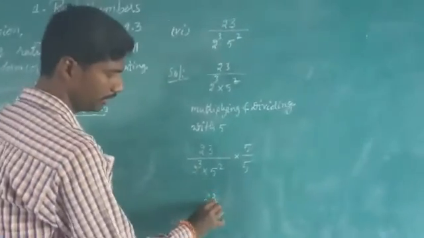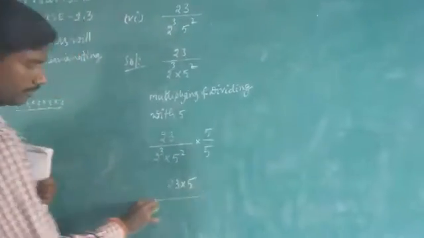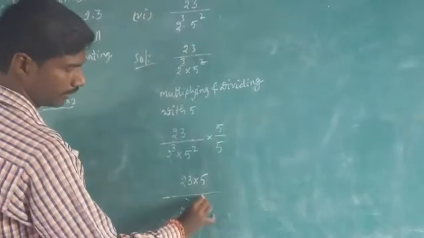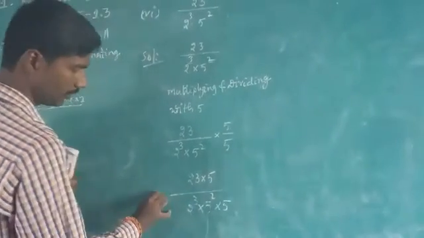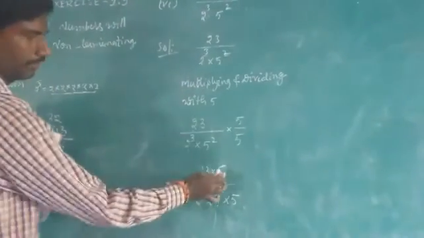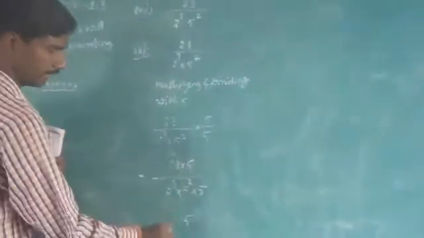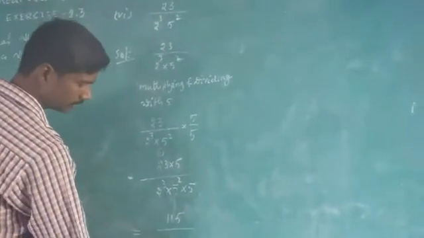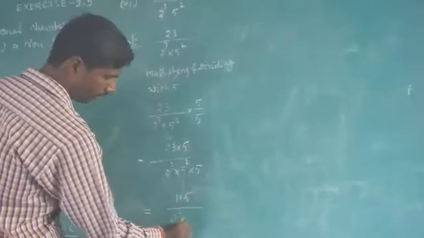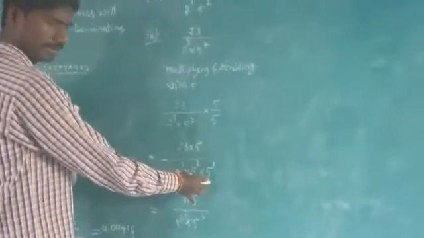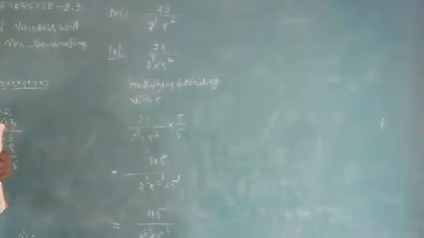So you can write 23 into 5 upon 2 to the power of 3 into 5 square into 5. So multiply: 5 3s are 15, 1 carry. 5 2s are 10, 11. So this, you can write as 2 to the power of 3 into 5 to the power of 3, because our bases are the same, you can add the powers.